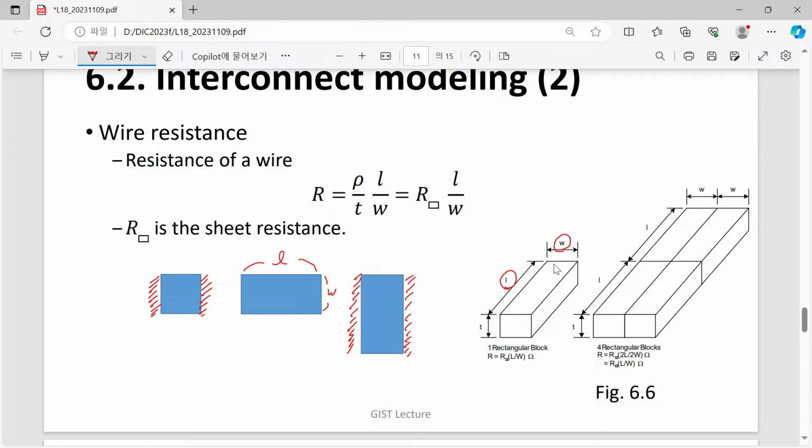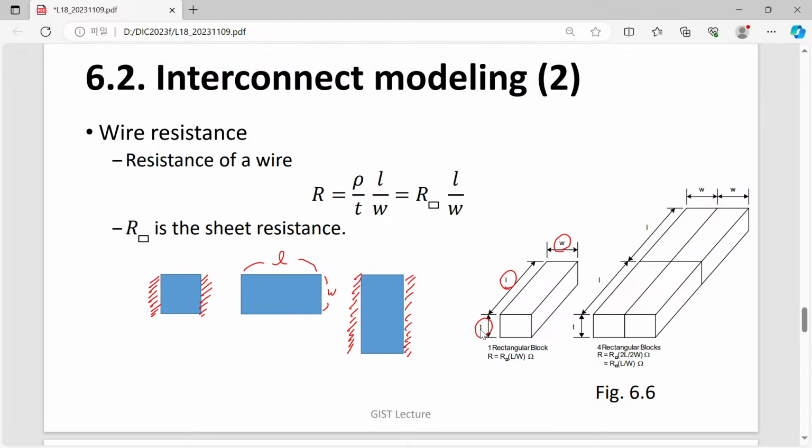As a designer, you can change those, but what you cannot change is the thickness. You cannot go to your fab guys and say, "I want a thicker wire. Please increase the thickness twice." That is not negotiable. This is just given by your fab.